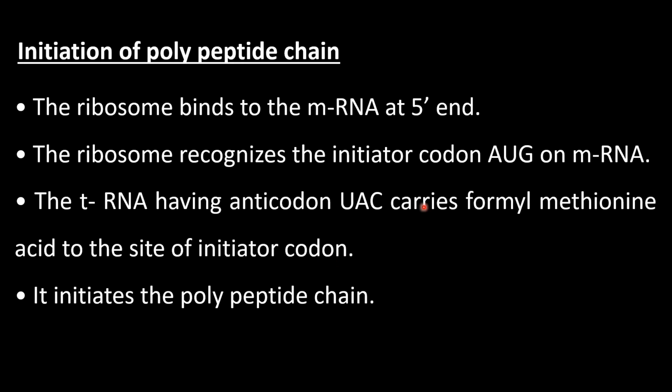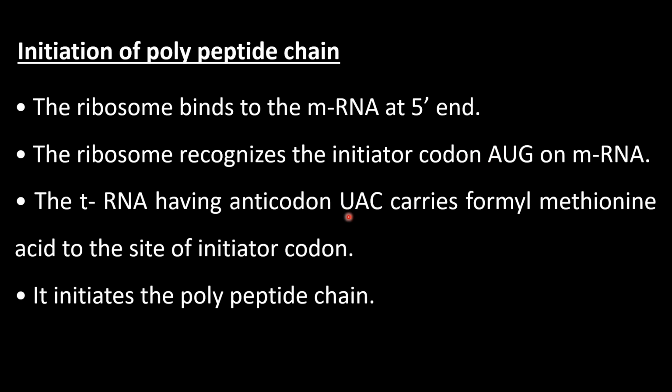So already I have told you, the initiator codon is AUG. It codes for the amino acid methionine. But when it gets activated, it carries UAC. So A pairs with T, but this is RNA, messenger RNA, so the thymine place is taken by uracil.